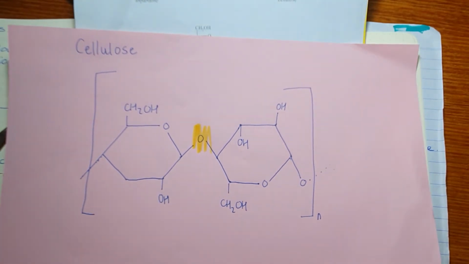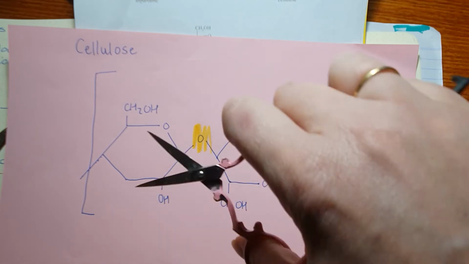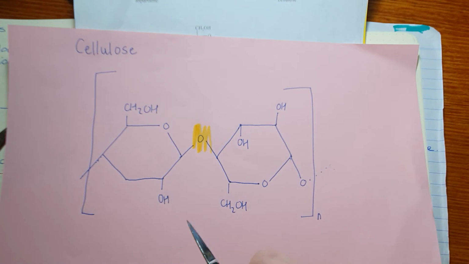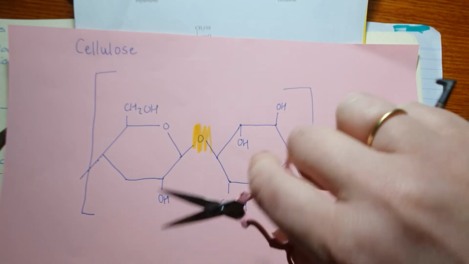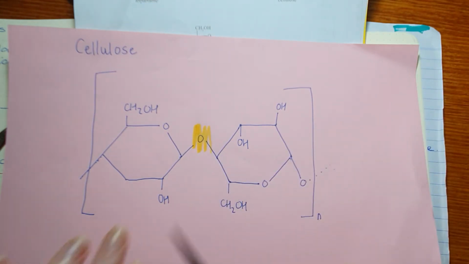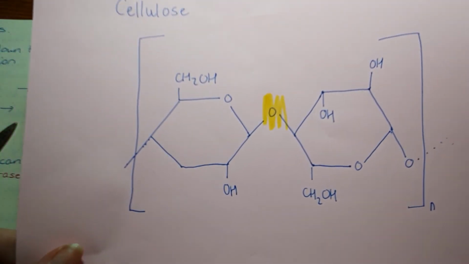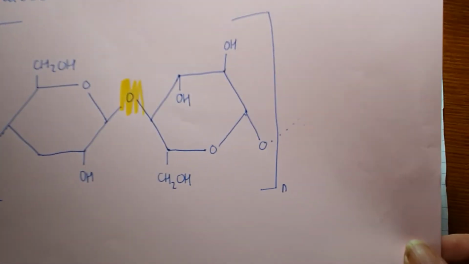We do not have cellulase. We're not cows, we're not goats, we're not sheep. So we do not digest this. So we can't break up cellulose. So it goes in and comes out. We don't have anything happening.